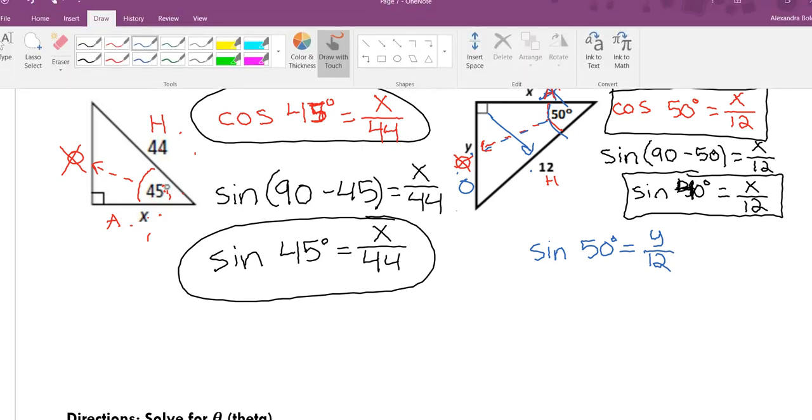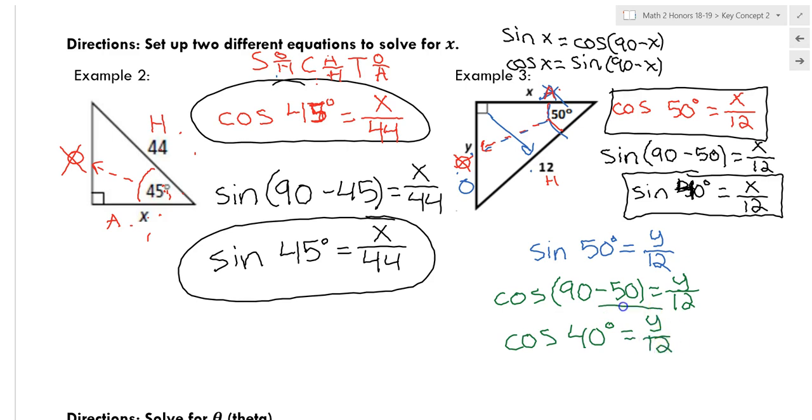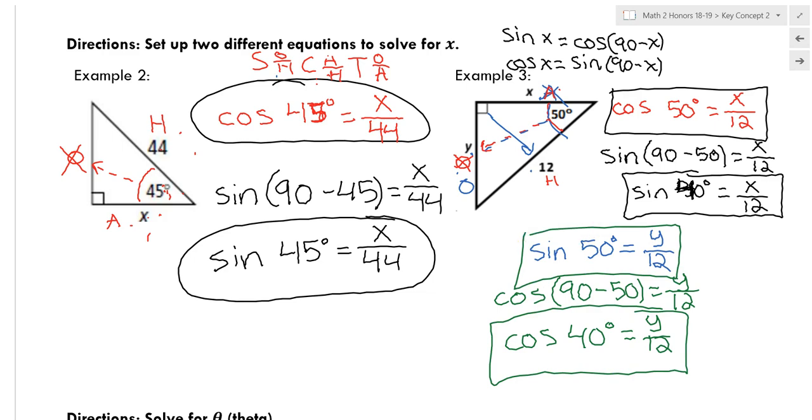My second equation, again, I have to switch my trig ratio, and then 90 minus 50. So cosine of 40 degrees equals y over 12. So again, I'm switching my trig ratio and I'm switching my angle. You just have to do 90 minus that angle to find the other angle.